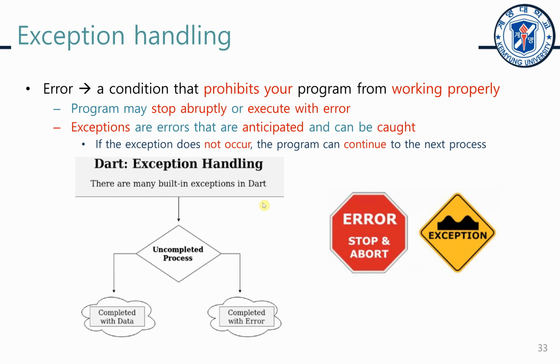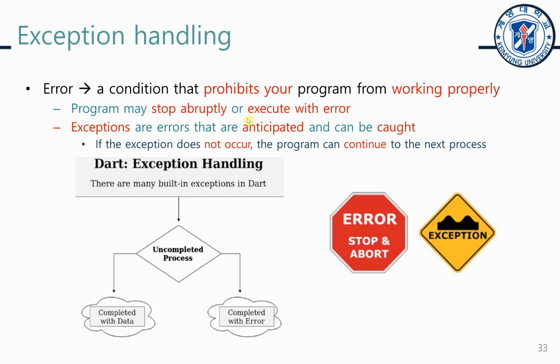So what are errors? Errors are conditions or statements in a program that prohibit your program from working properly. The program may stop abruptly, or it executes with error, meaning it will not give you the correct output or the correct result. But exceptions are errors that are anticipated and that can be caught.